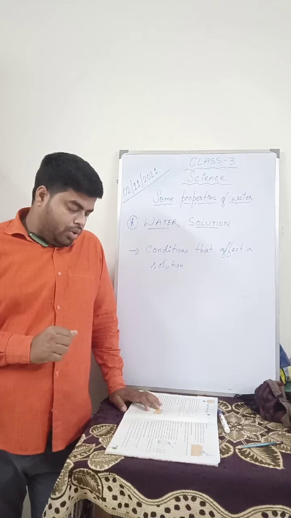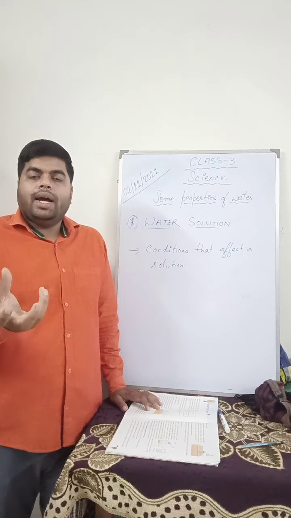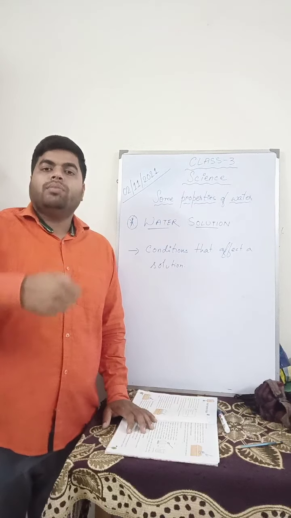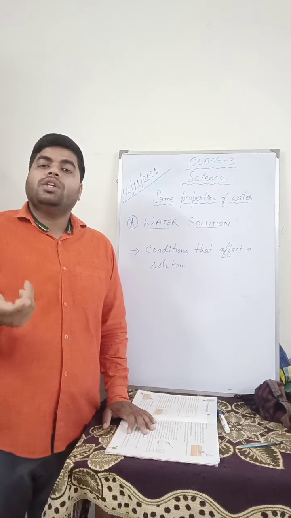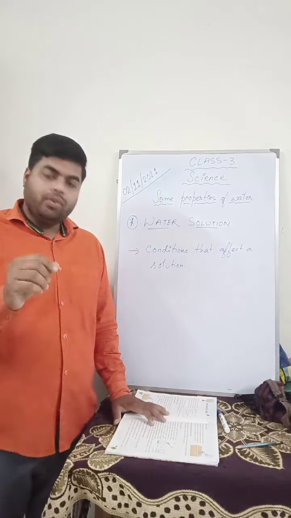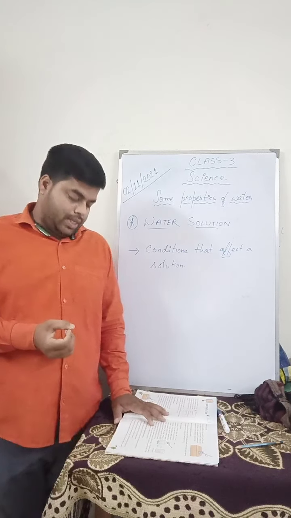Number one, a solute dissolves faster when it is stirred in water. That means if you take sugar and put it in water and take a utensil like a spoon and stir it, move the water fast, you will see the solute will dissolve faster.